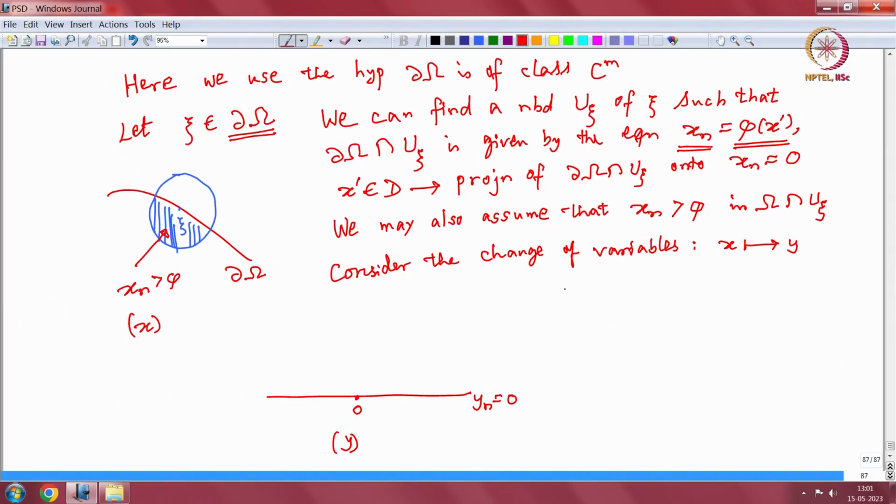So what is y? yi is xi minus ji, for i equal to 1 to n minus 1, and yn I am just writing xn minus phi of x prime.